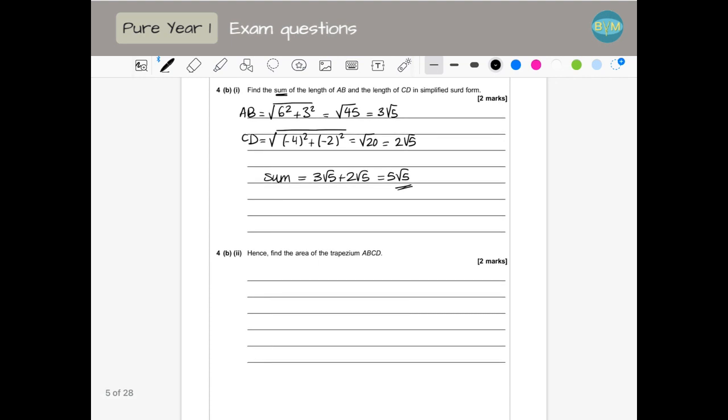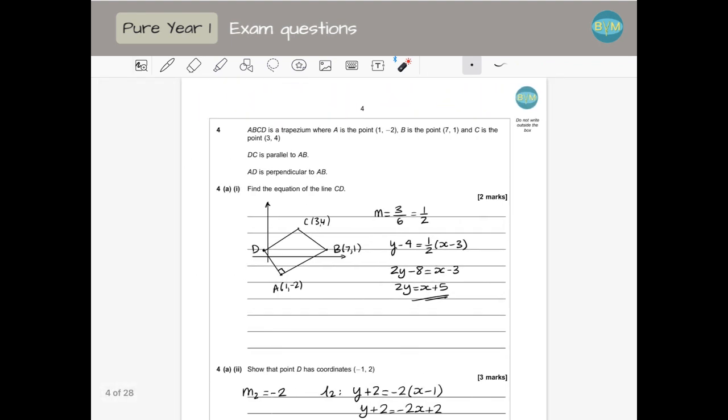And then finally, they say hence, so please use the information that you had before. Find the area of the trapezium ABCD. So the area of this trapezium is going to be the sum of the parallel sides, that's precisely what we just found, divided by 2 and multiplied by the distance between them. And the distance between them is AD. So to find the area, I would need to find AD first.